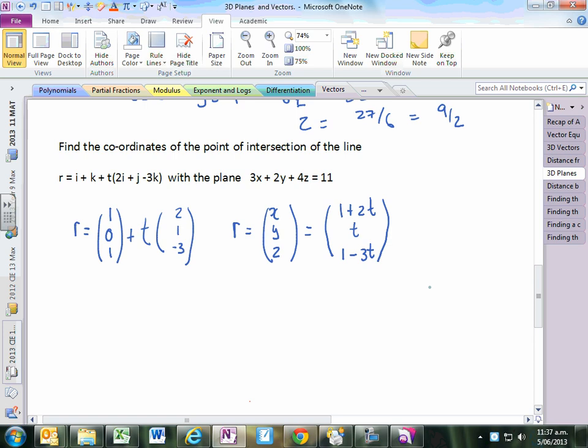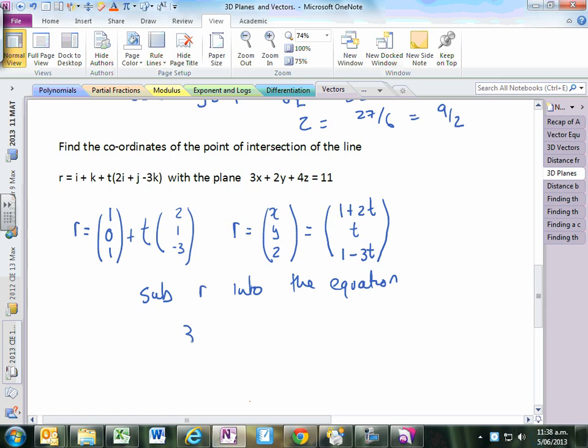Once we've done that, where can that go? Solve for t. How are you going to solve for t? We're going to substitute into the equation of the plane.